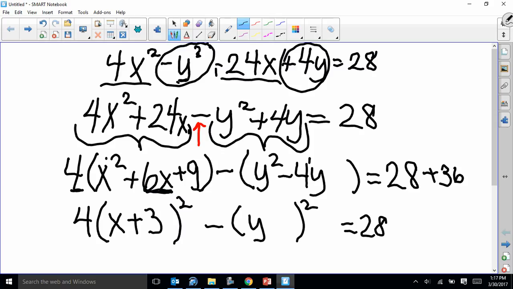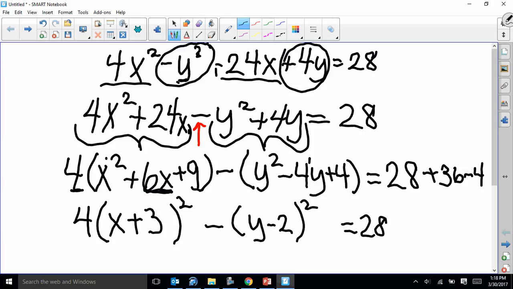And then in our y parenthesis, our middle term is negative 4, so half of that is going to be negative 2. And when we FOIL this out, we're adding a 4 to the end. But here we have to remember for our order of operations to distribute the negative, so we're really subtracting 4 from the left side.